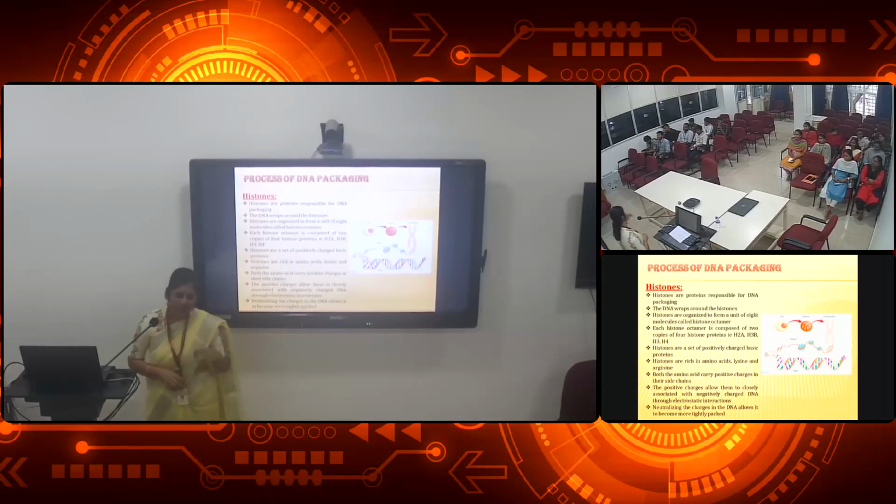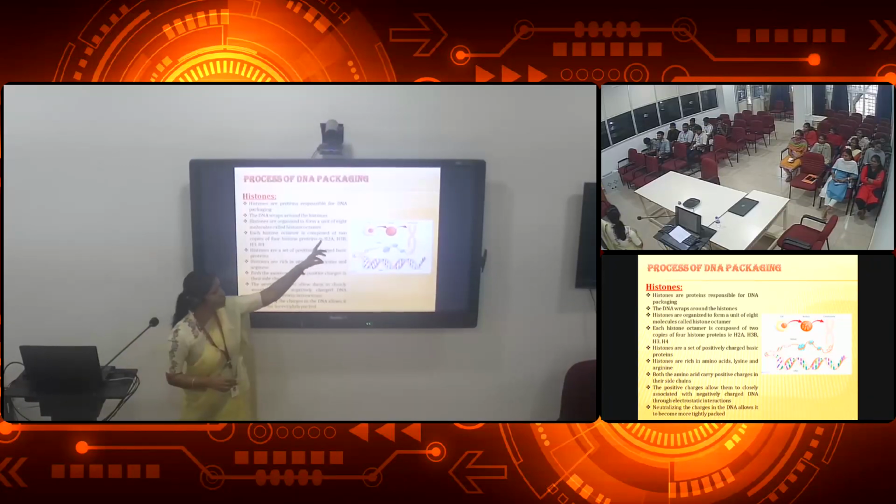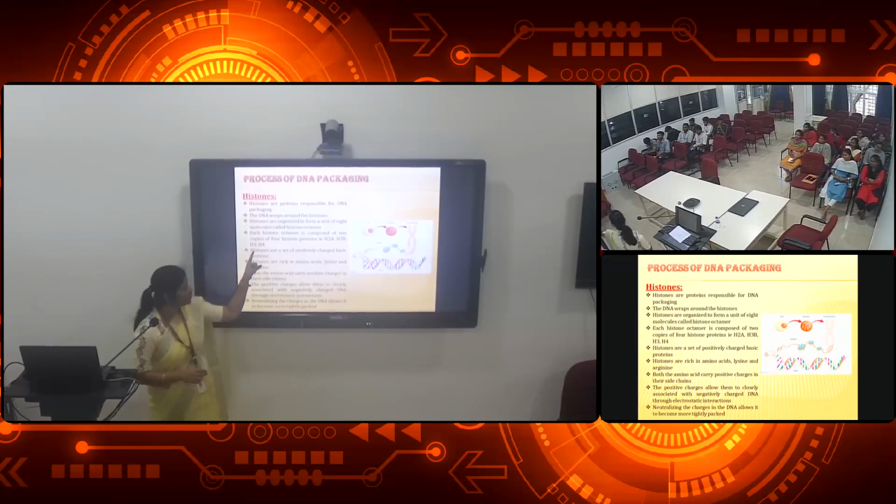Okay, so this is about the histone protein. There are 4 different types of histone proteins involved in the DNA packaging: H2A, H2B, H3 and H4. These 4 proteins are present in two copies.